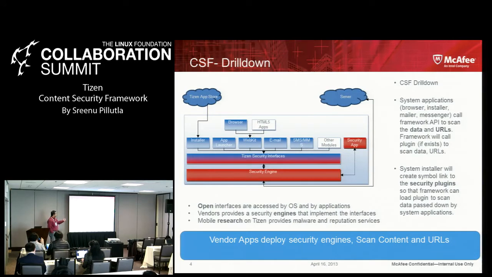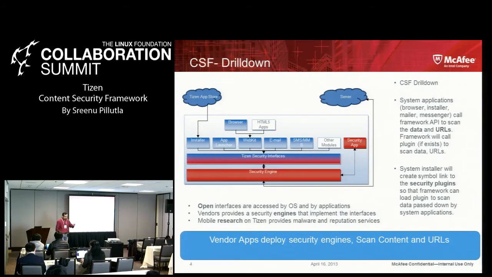So what really happens is that when security vendors provide these engines, they ship it as part of their app, and the system installer creates a symbolic link and makes it available.